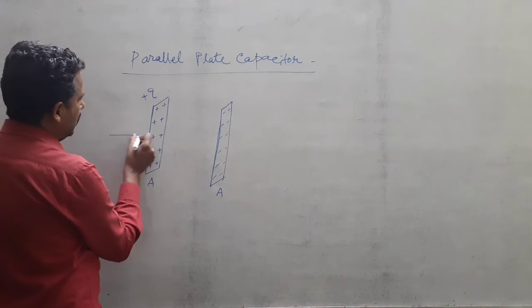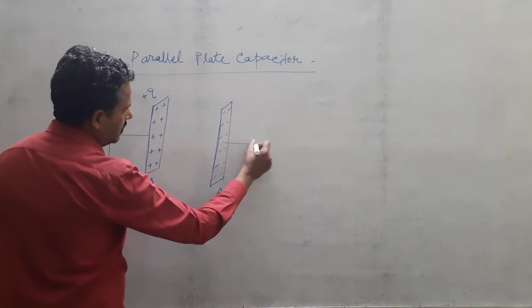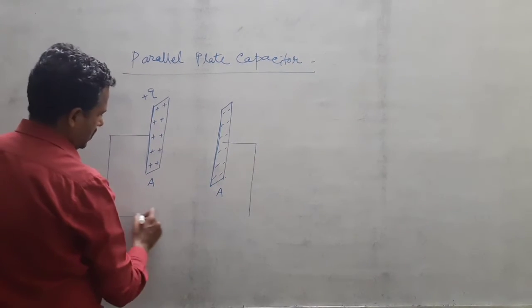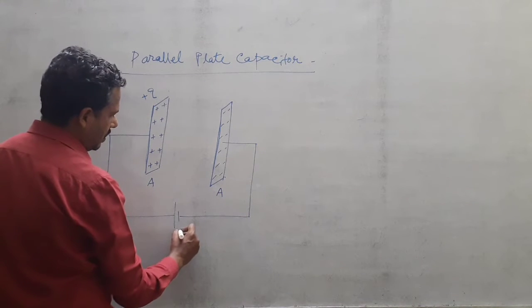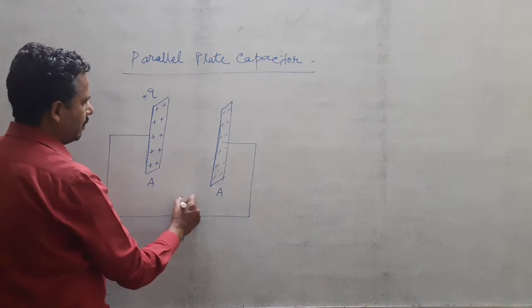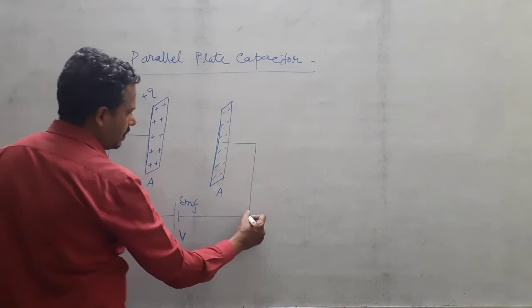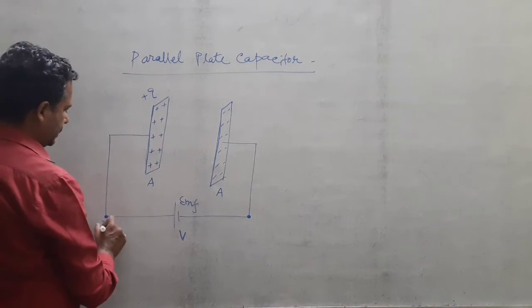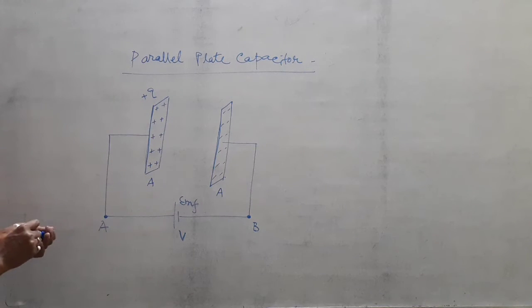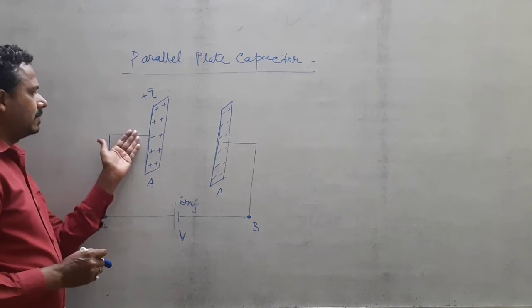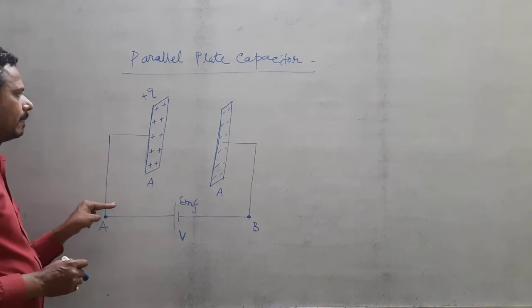But whenever you connect its other faces to an external source, just like an EMF V with the potential difference of this EMF, one plate is at A and one is at B. The surface, that is the left face of this plate, is connected with this wire.